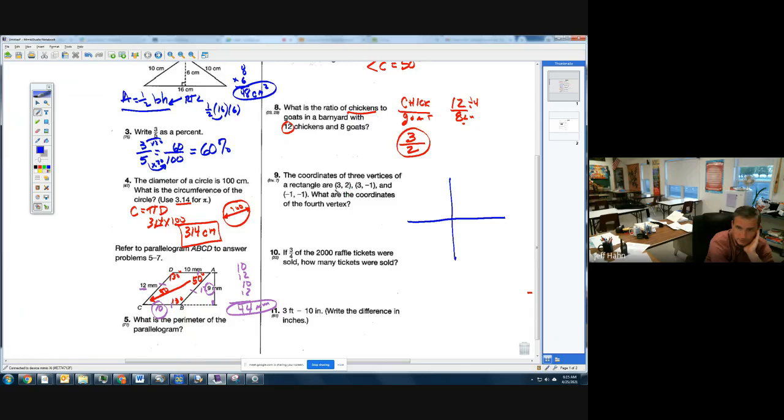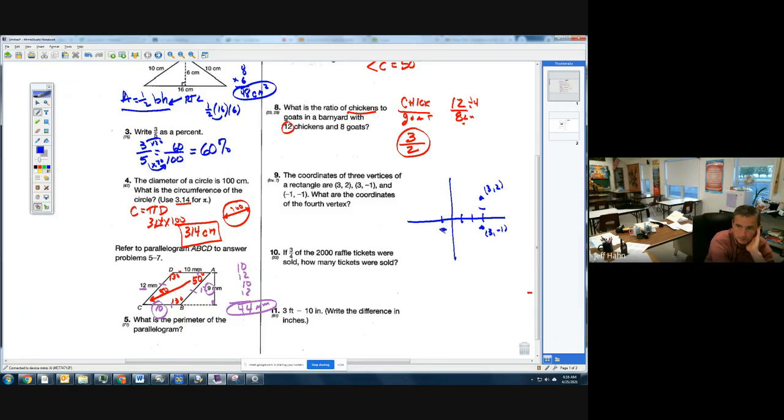We have a rectangle with a vertex at coordinates 3, 2. And it's a rectangle, so you know they're all right angles. And then we have one that's 3, -1. Those are my coordinates. And then I have -1, -1.